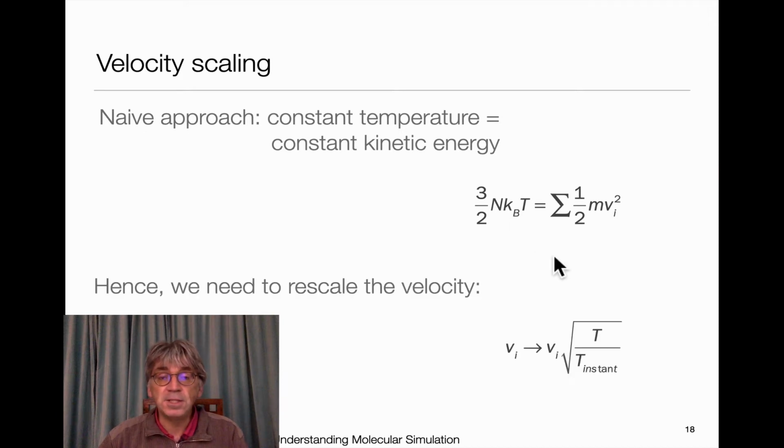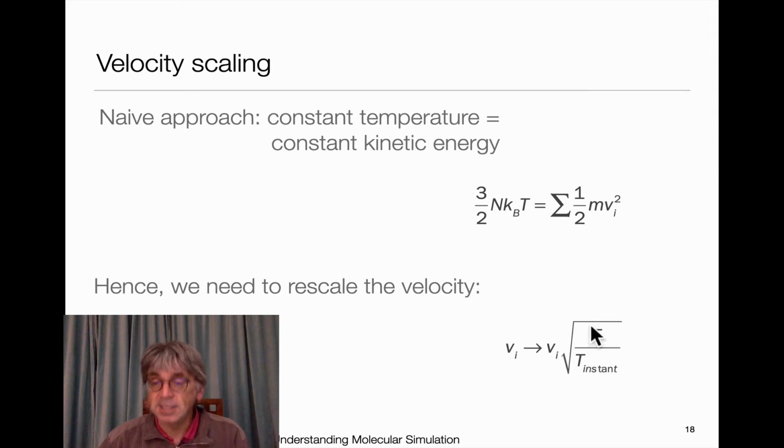And what we can very simply do, if we would like to fix the temperature, is compute the instantaneous temperature using this formula, and by rescaling all velocities we can simply keep our simulation at exactly the temperature we would like to have. In fact, this is typically what we would do during the initialization step. You rescale the velocities to make it sufficiently close to the temperature you're interested in.